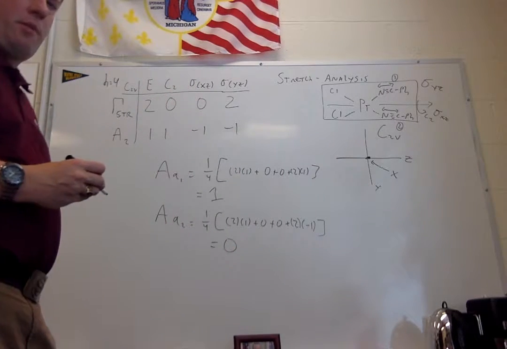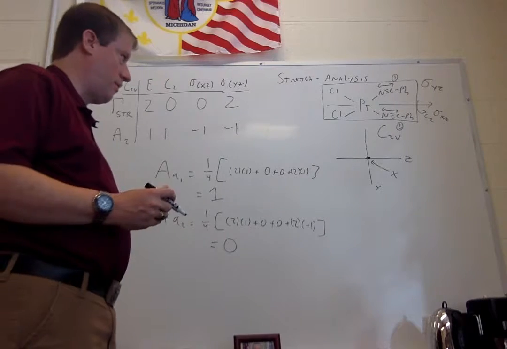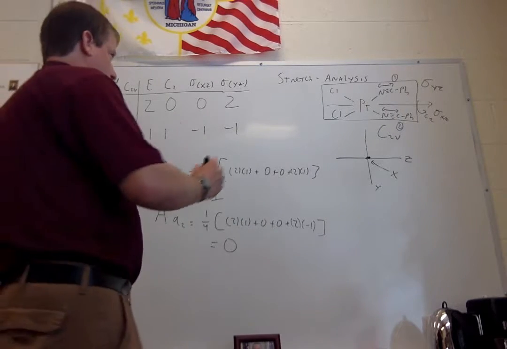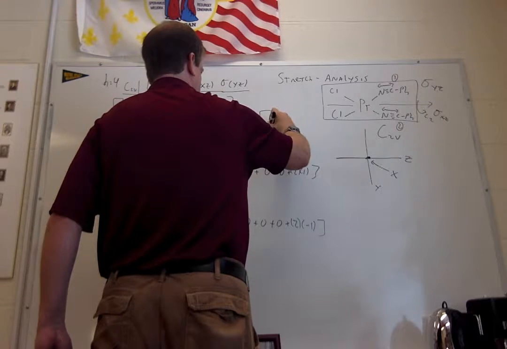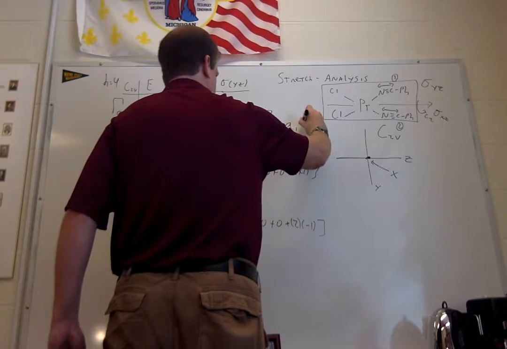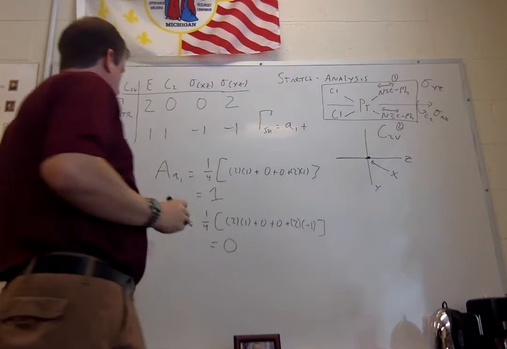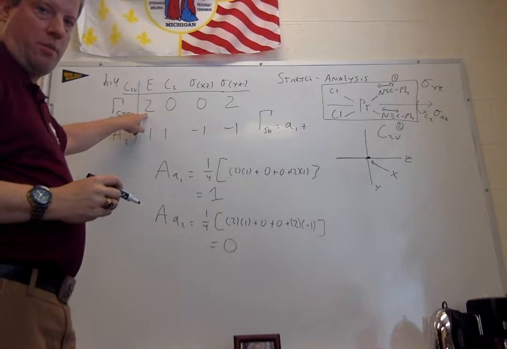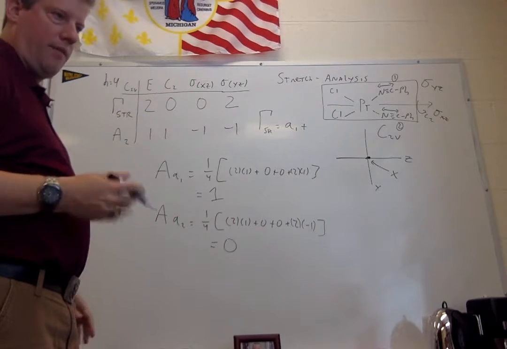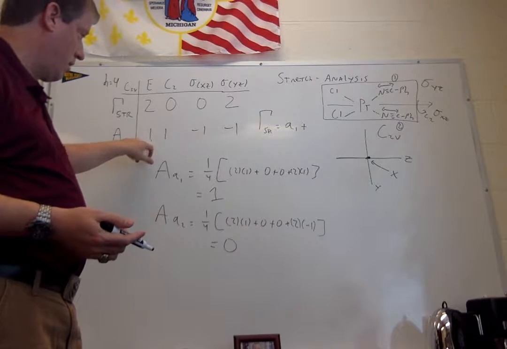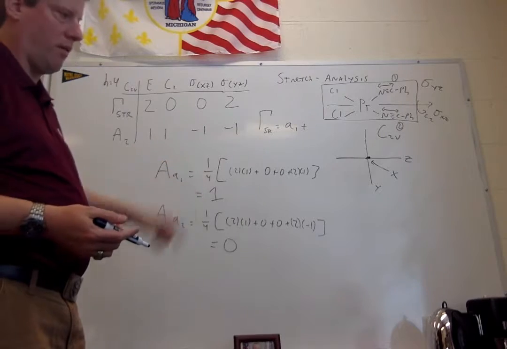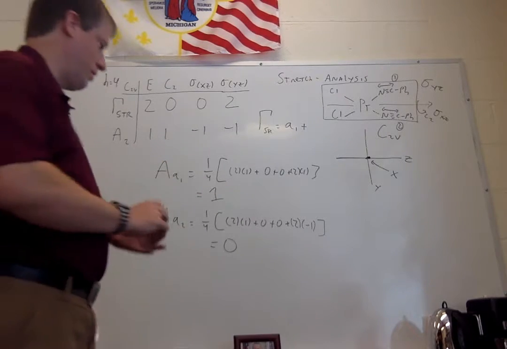So there is no contribution from the A2 irreducible representation there. So gamma stretch so far is A1. And because the character here is 2, there's got to be one more of them that actually participates, because we only got, from the totally symmetric representation, one of the two things we need.